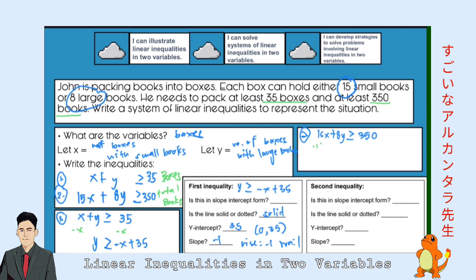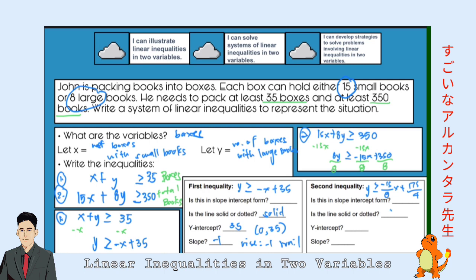Subtract 15x from both sides. You're going to have 8y greater than or equal to negative 15x plus 350. Divide the entire thing by 8. And then you're going to have y greater than or equal to negative 15 over 8x plus, if you simplify it, 175 over 4.